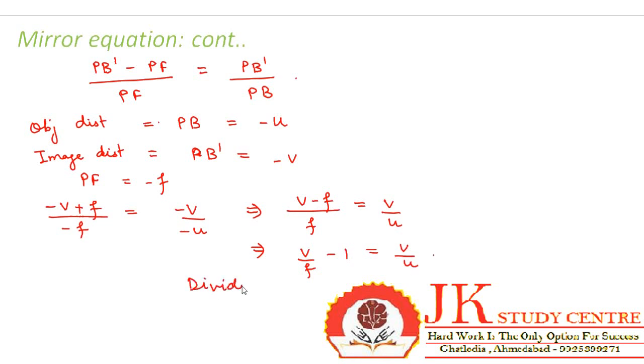Now dividing the entire equation by v, on both left hand side and right hand side, what do we get? We get 1 by f minus 1 by v is equal to 1 by u. Or we can write it as 1 by u plus 1 by v is equal to 1 by f. So this equation relates the image distance, object distance and the focal length of the mirror.